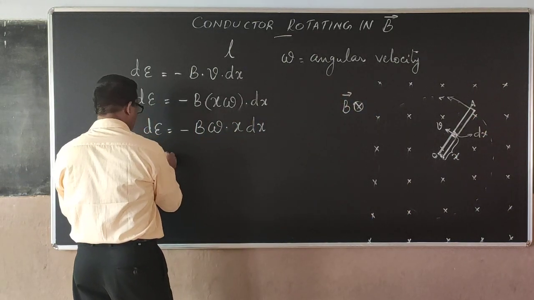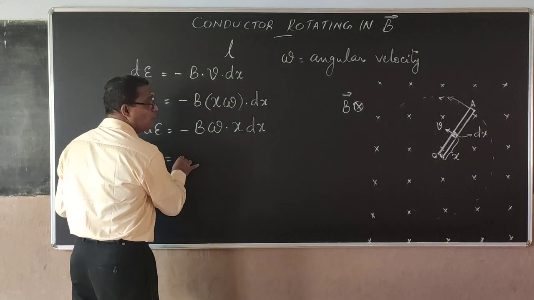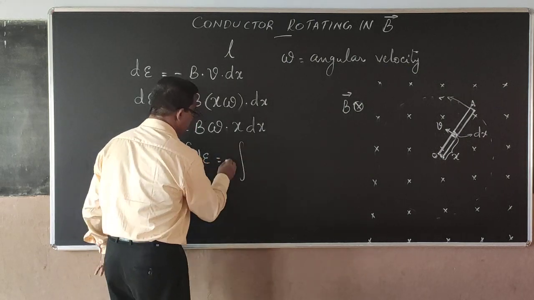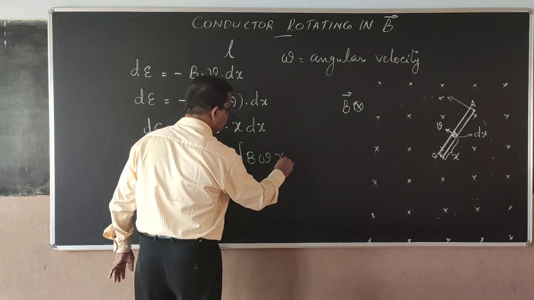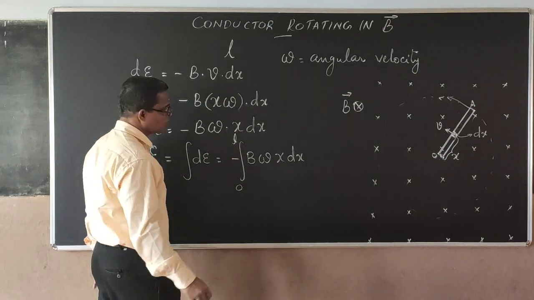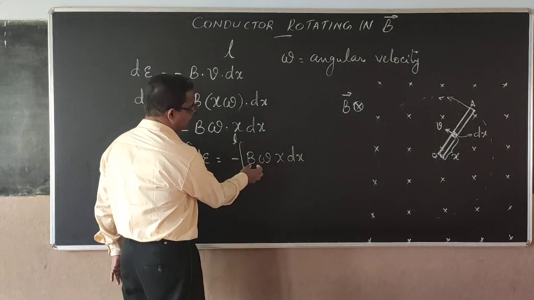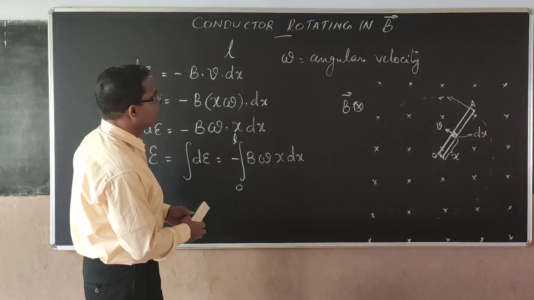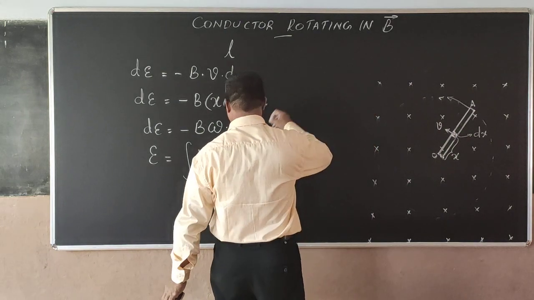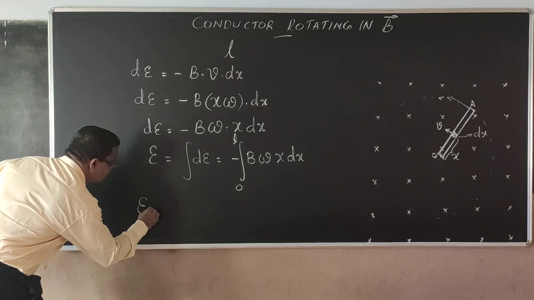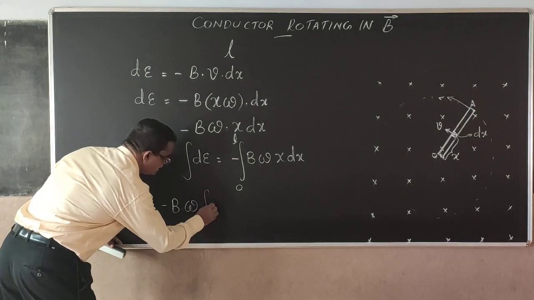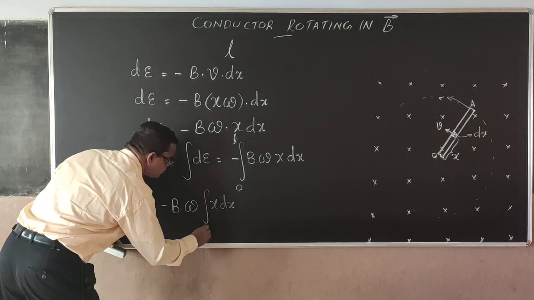Therefore, the total EMF induced will be equal to integral dE, that's equal to integral of minus B omega x dx from 0 to L, where omega and B are constants, and therefore we can write it as minus B omega integral x dx from 0 to L.